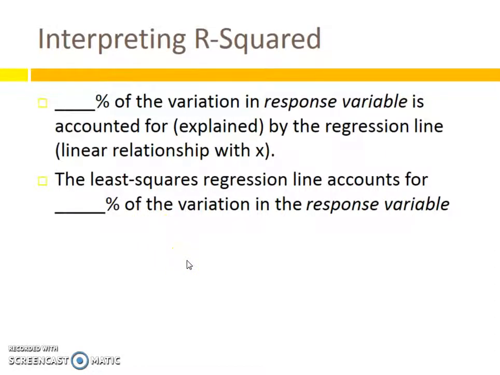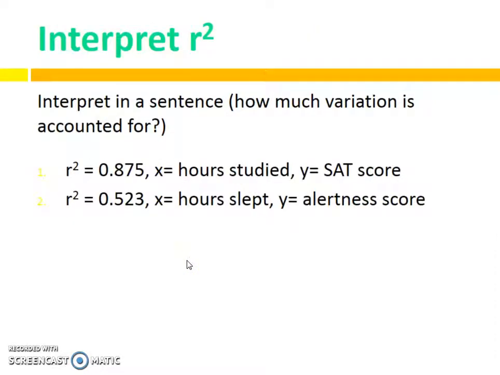So let's actually look at an example. If my r squared was 0.875, now r squared obviously will always be positive because when you square a number, it'll always be positive. If you want to interpret it where x represented the hours studied and y was your SAT score. All right? Or if your r squared was this, x was hours slept, and y was your alertness score. How could you interpret?